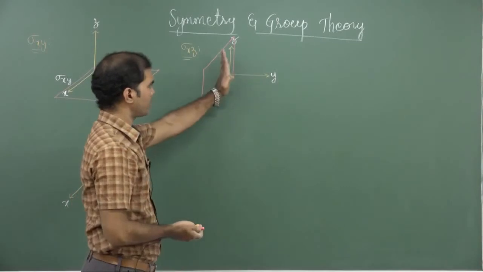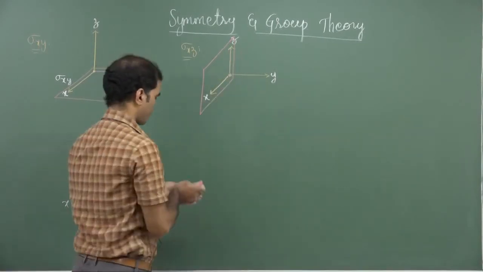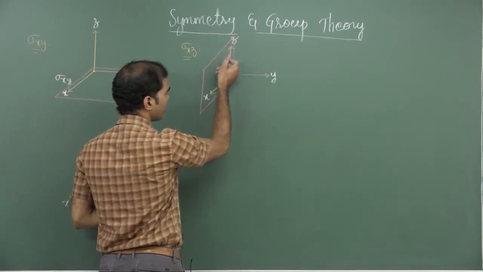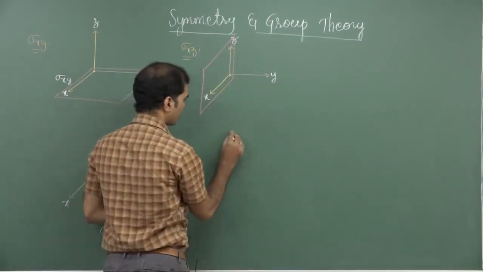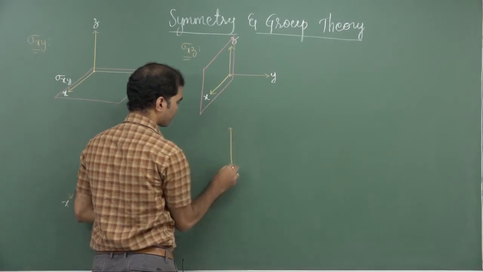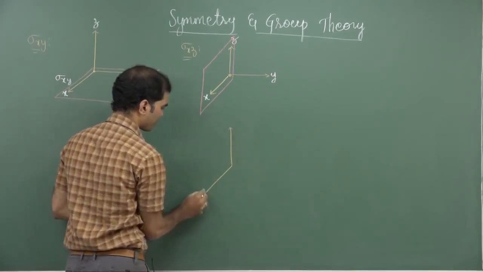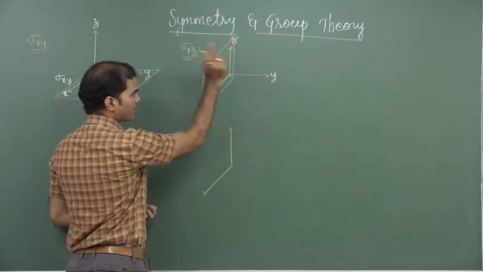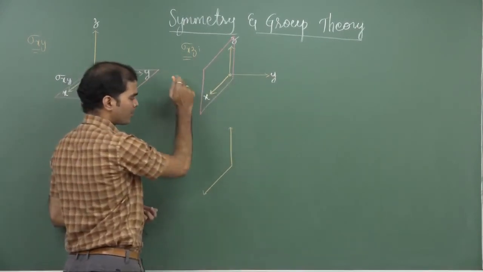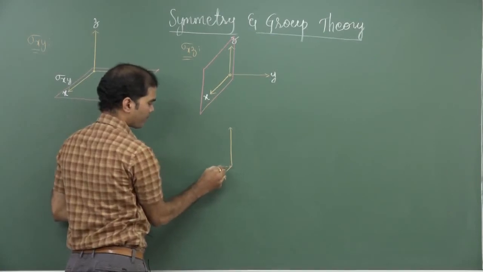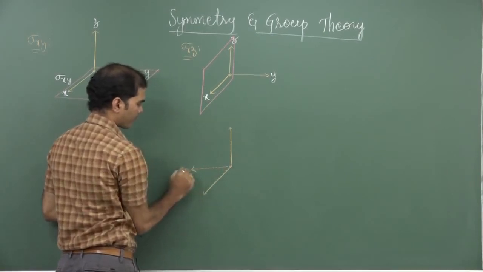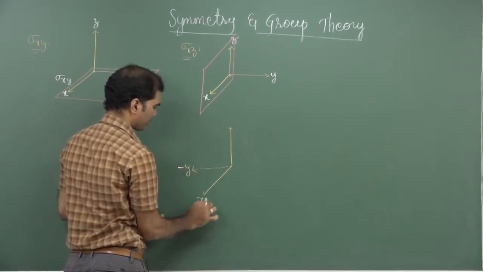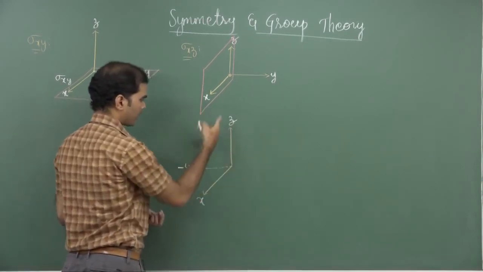It is this plane xz. It is passing through x, it is passing through z. So these coordinates do not shift. But y, it is just perpendicular to this plane, so this y will reflect in its opposite face. This is the resultant.